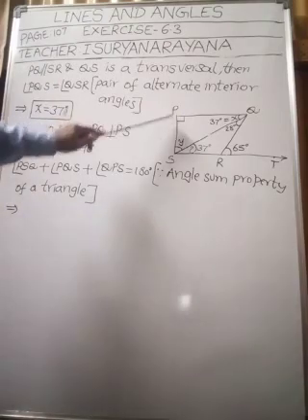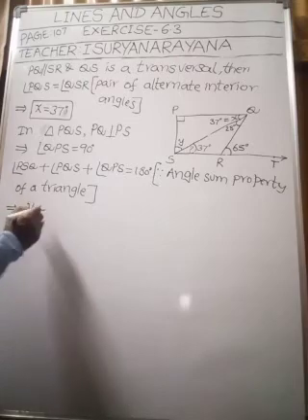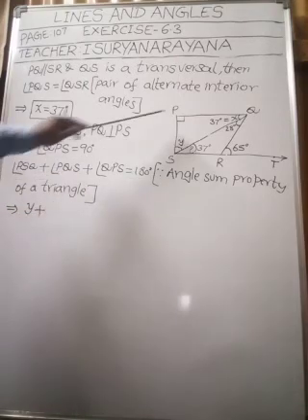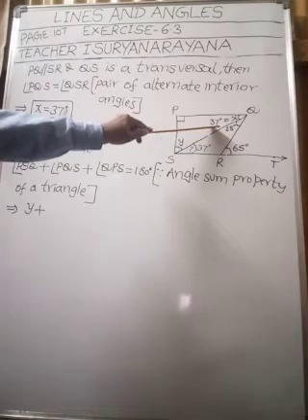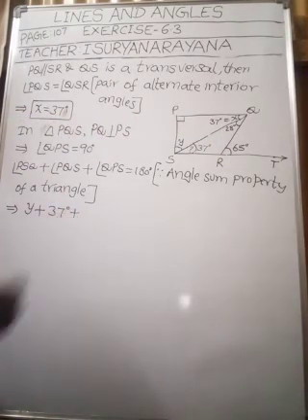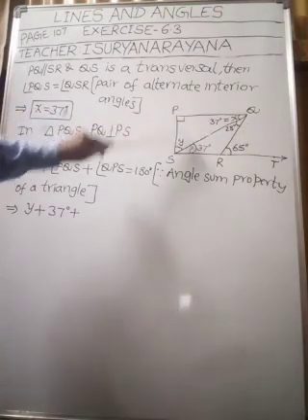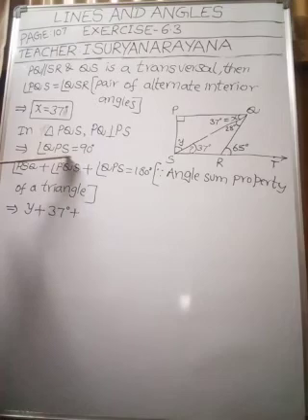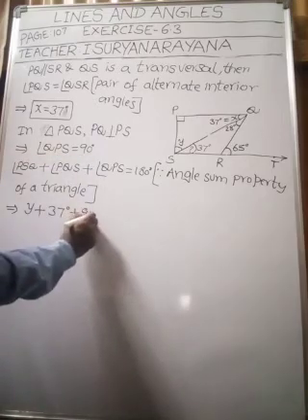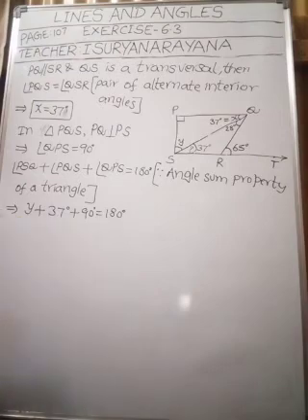What is the measurement of angle PSQ? Y. So Y plus angle PQS. What is the measurement of the angle PQS? 37 degrees. Just we have found. Angle QPS, that is 90 degrees. Angle QPS 90 degrees is equal to 180 degrees. Understood this step, my children? Right.